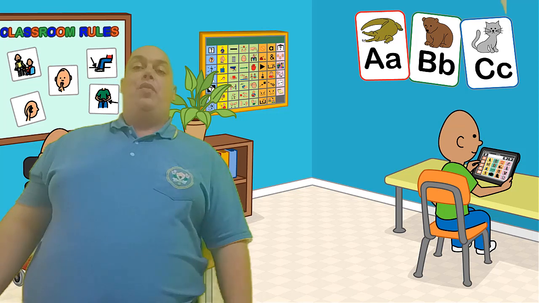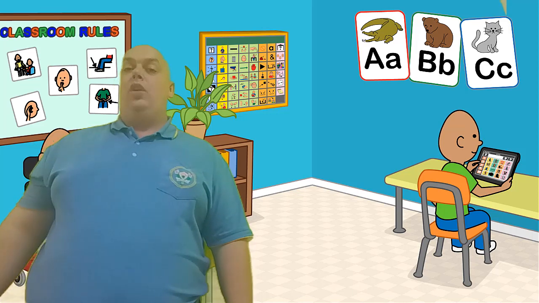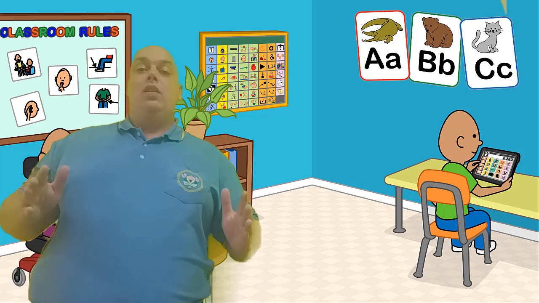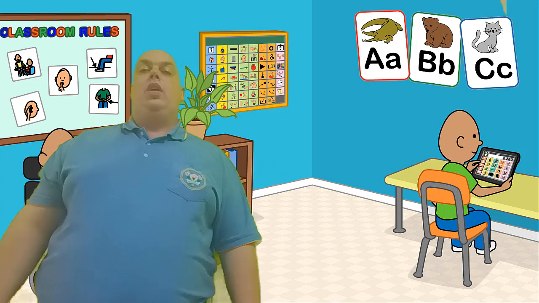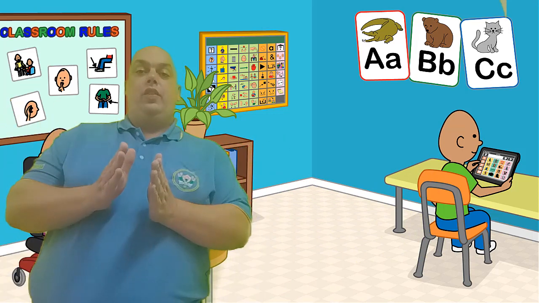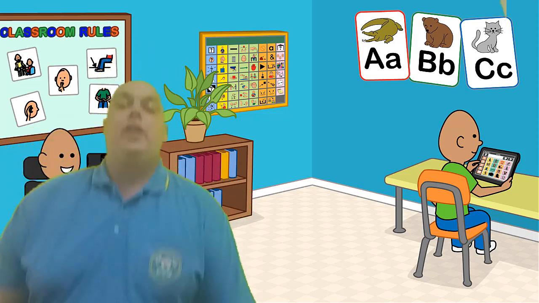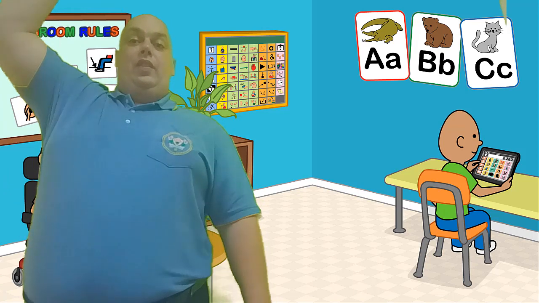Today it is time for maths, and today in maths we're going to be learning about long, longer, longest. We're going to be learning about short, shorter, shortest, and we're going to be learning about tall, taller, tallest.